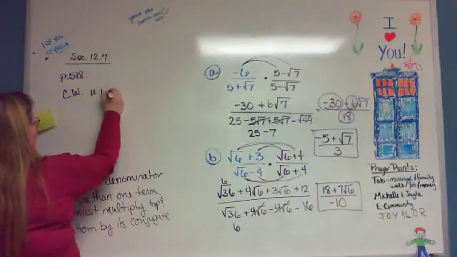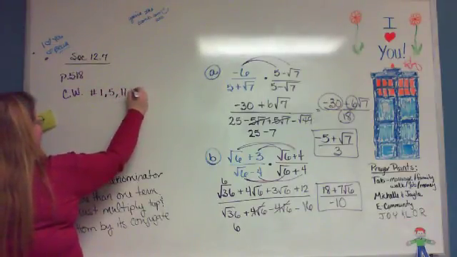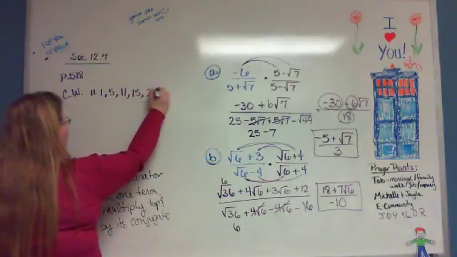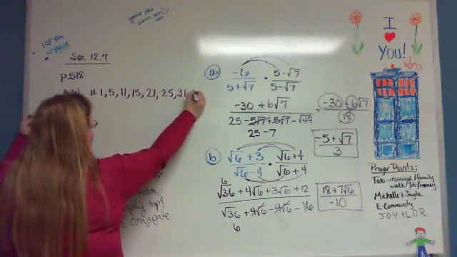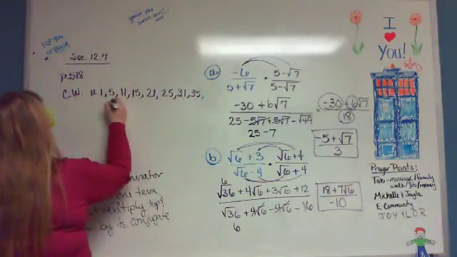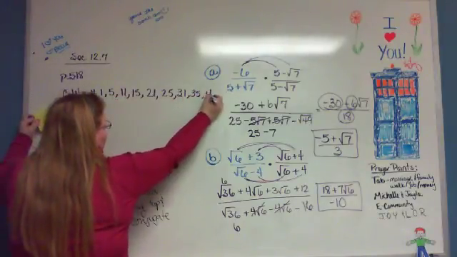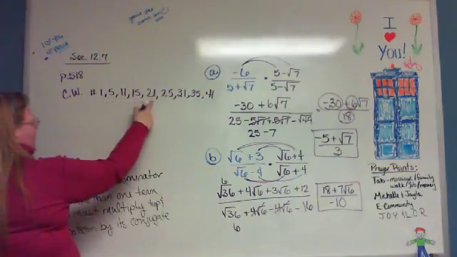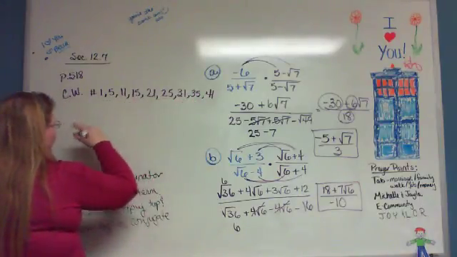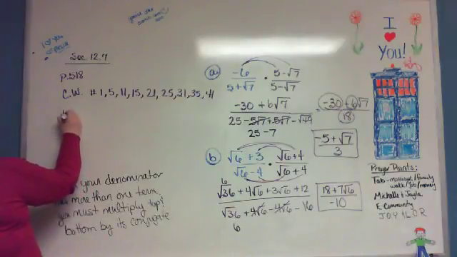Numbers 1, 5, 11, 15, 21, 25, 31, 35, 41. Nine problems you'll live.